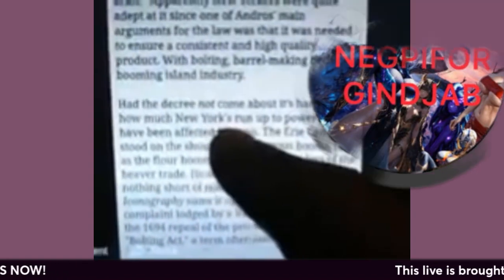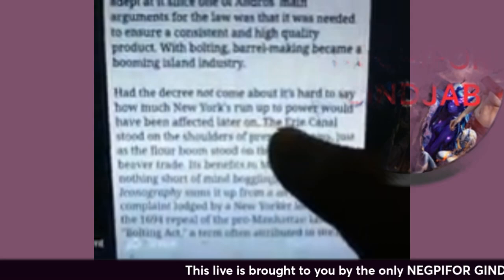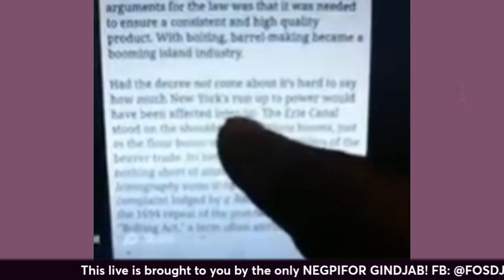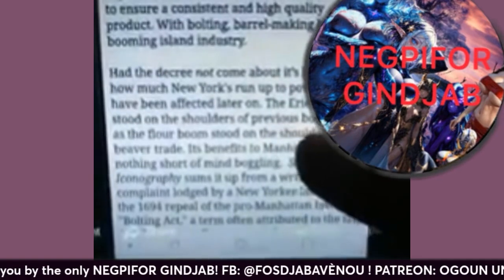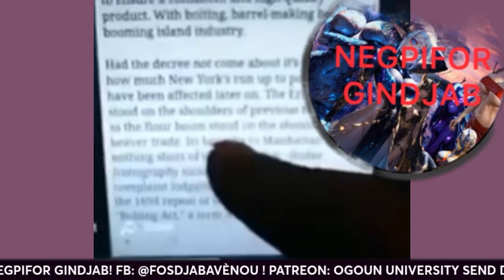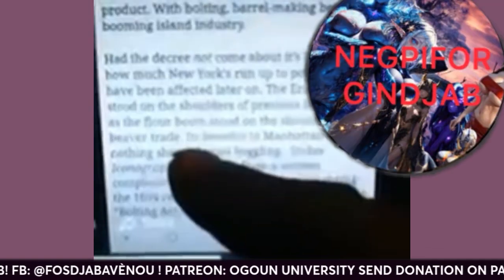Had the decree not come about, it's hard to say how much New York's run up to power would have been affected later on. The Erie Canal stood on the shoulders of the previous booms, just as the flour boom stood on the shoulder of the beaver trade.